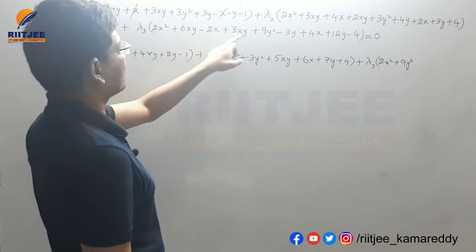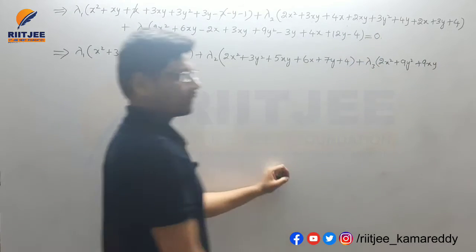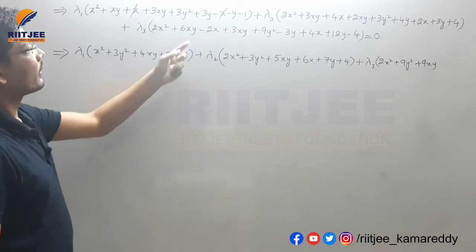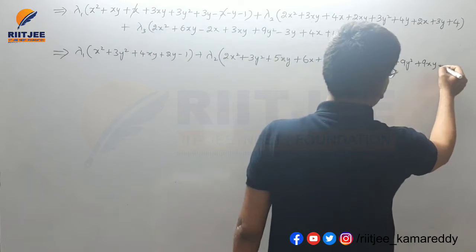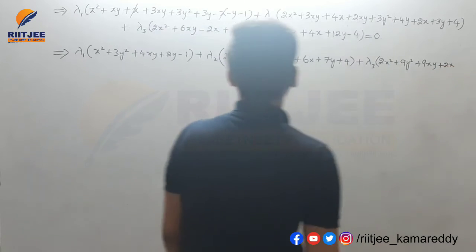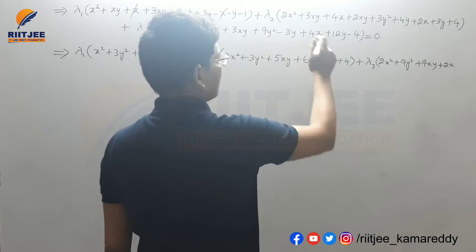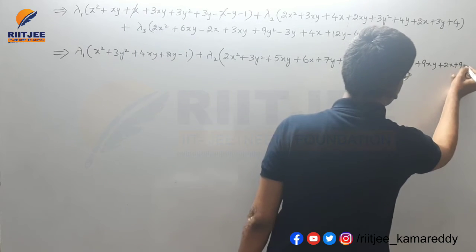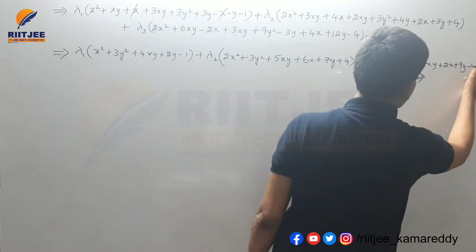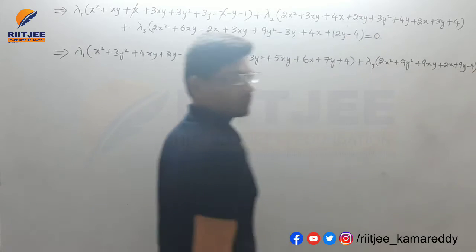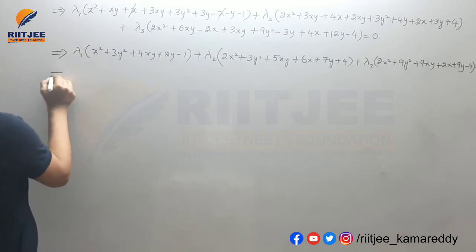Next 6xy, 3xy, that is 9xy, plus 9xy, and here minus 2x plus 4x plus 2x here, and 3y and 12y, minus 3y plus 12y, that will become 9y plus 9y. Next finally we have minus 4 is equal to 0, that is equal to 0 here.